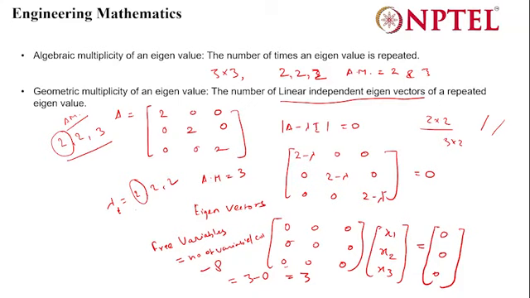So what will we do? We'll assume 3 free variables. x1 equals k1, x2 equals k2, x3 equals k3. These are your 3 free variables. Now we will try to write x1, x2 and x3. So your eigenvectors will be x1, x2, x3 are k1, k2, k3.